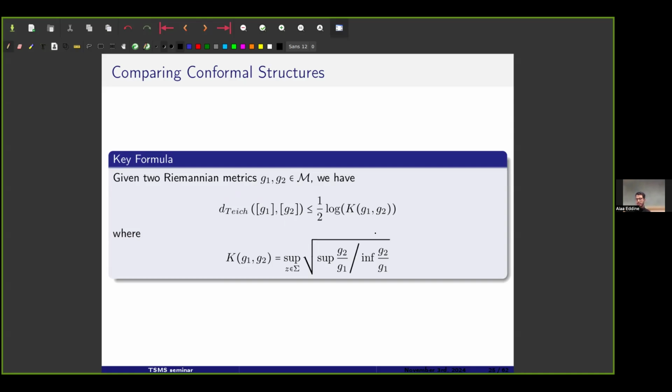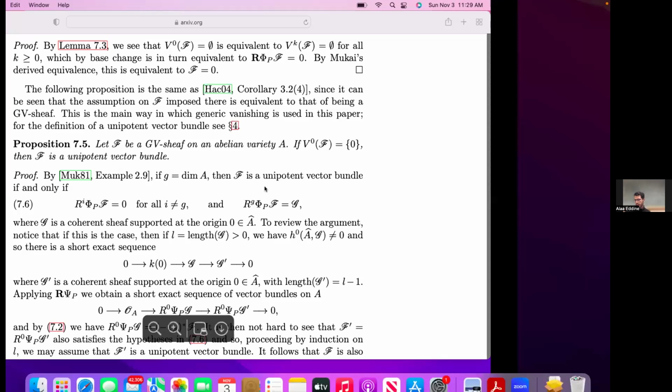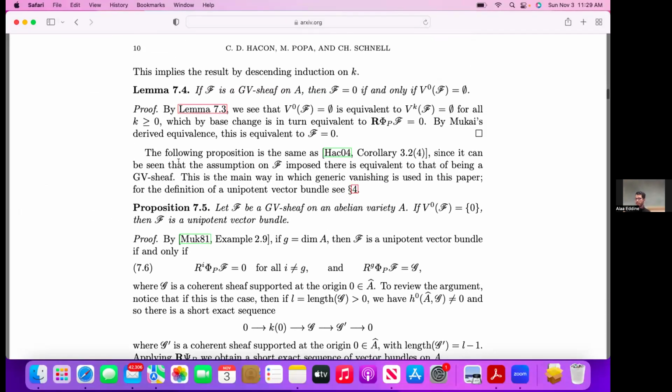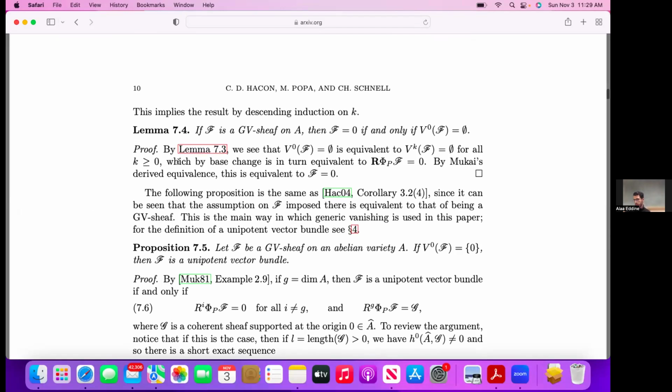This constant k is saying that if we take the unit circle for the metric G1 and take the identity map between the two Riemann surfaces, it will be a diffeomorphism, obviously not necessarily conformal.